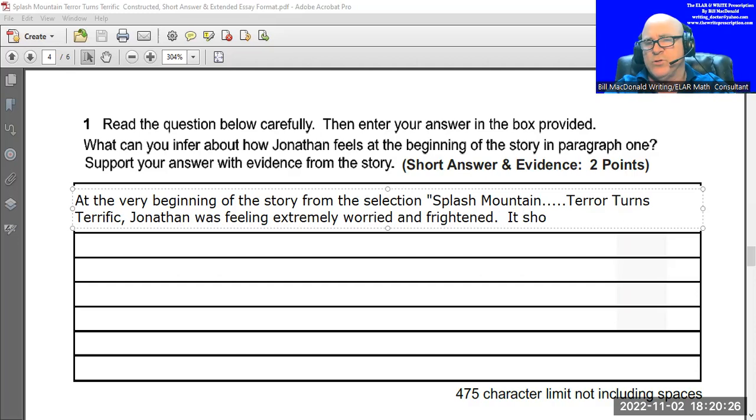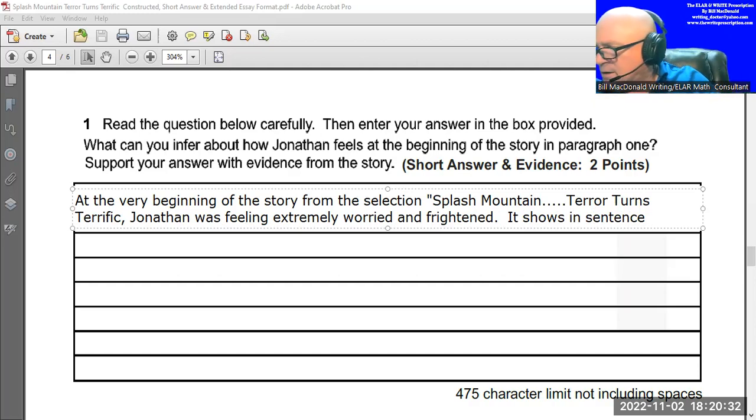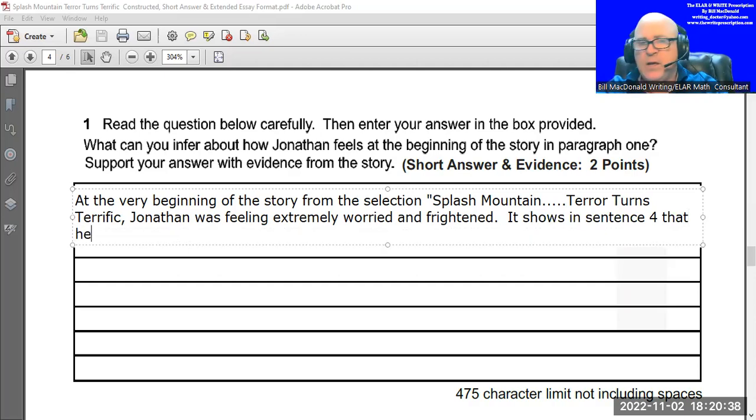It shows in sentence, looking at my notes, or that E, because I already used Jonathan, I don't need to tell the reader Jonathan's name again because he didn't change to a different person from one sentence to the next.